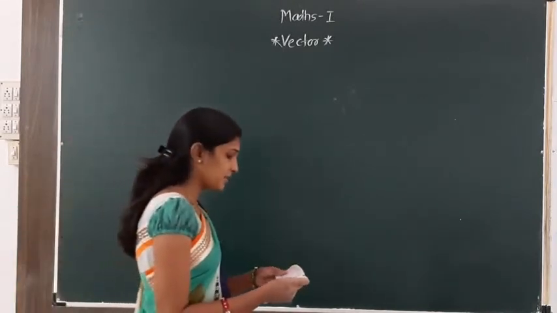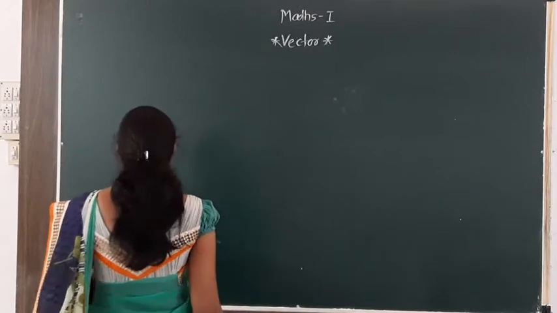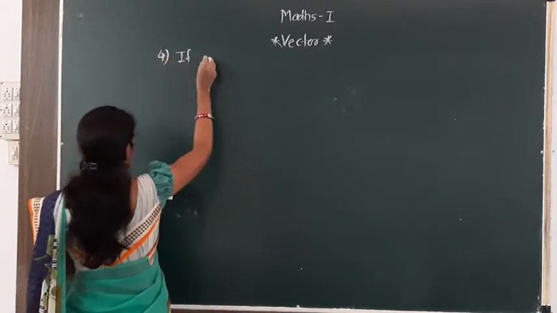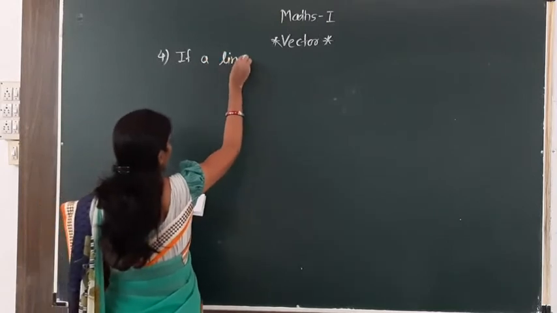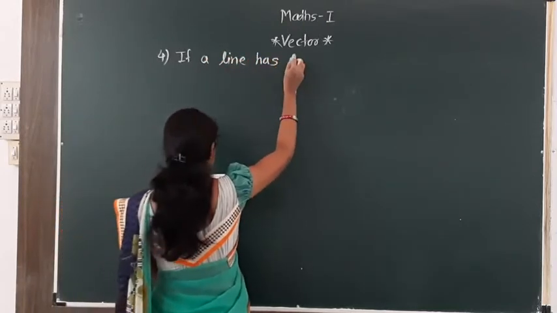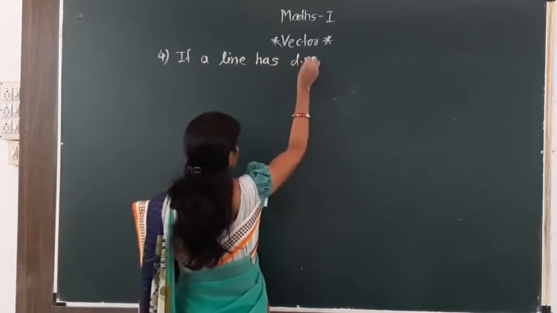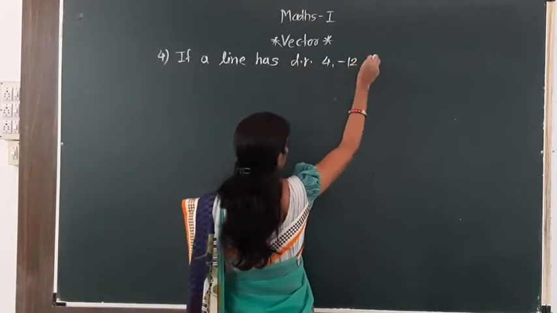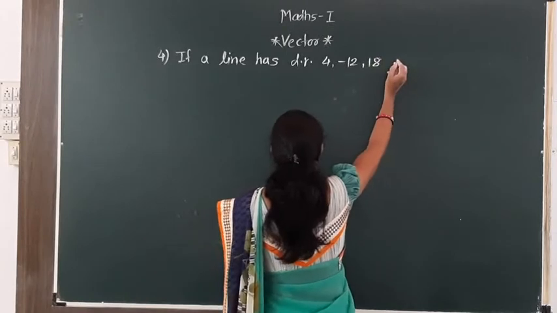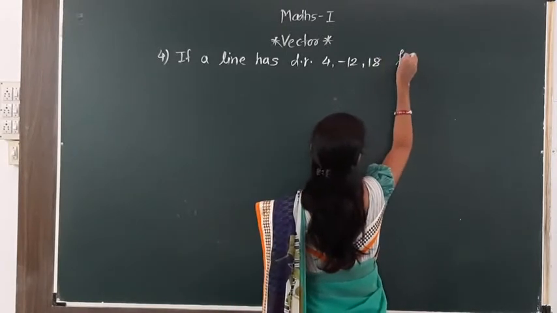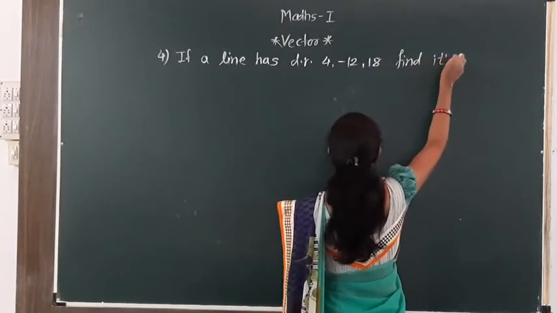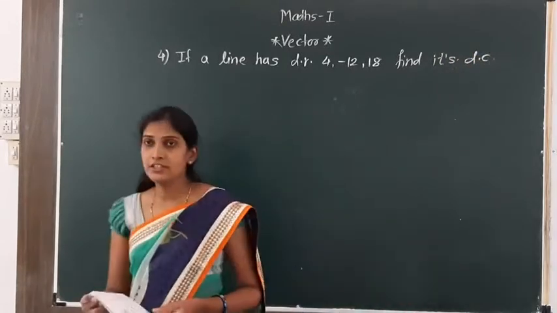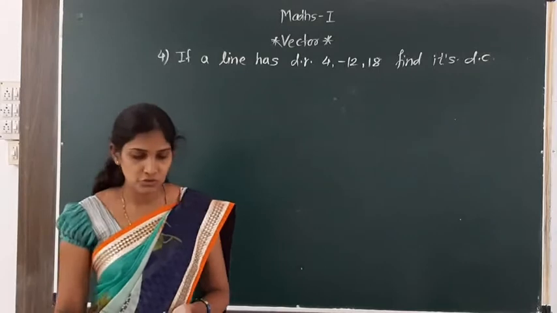Next example: if a line has direction ratios 4, minus 12, 18, then find its direction cosines.